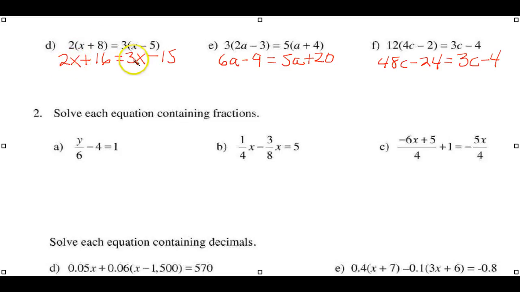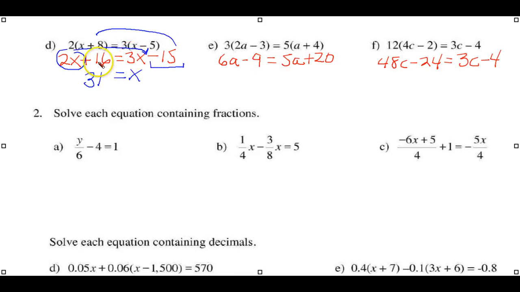Here, if we want to keep it positive, we're going to transpose this term, where it on this side will become a negative 2x. This will just become an x. And then when we transpose this to the other side, it becomes a positive 15, so this is a 31.